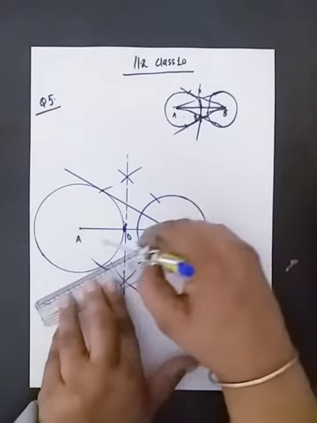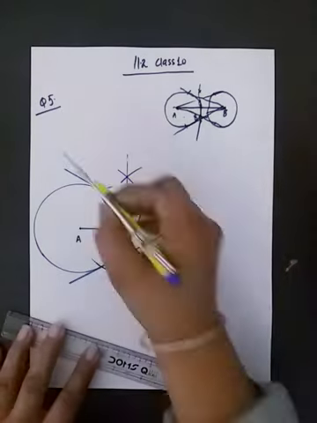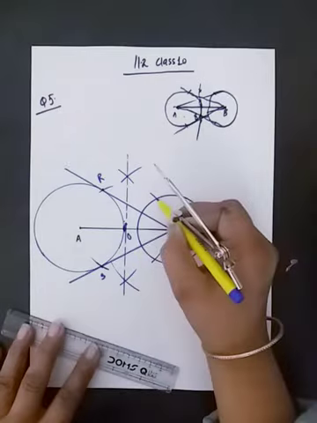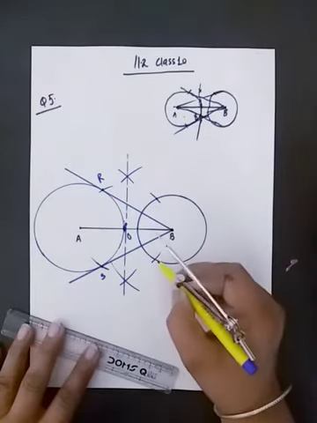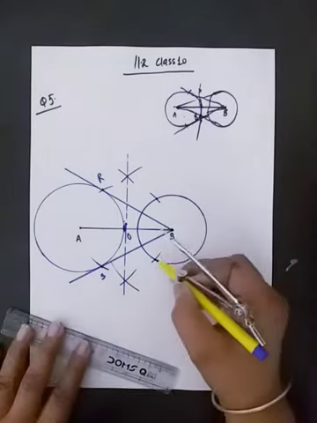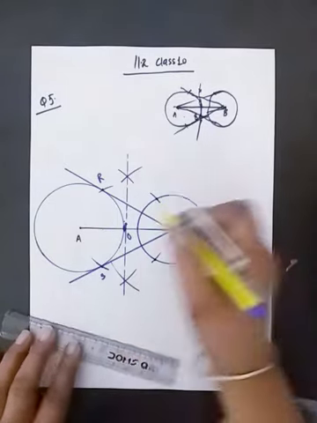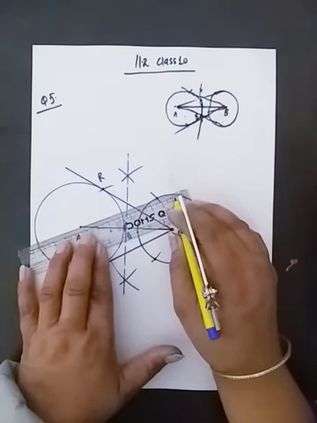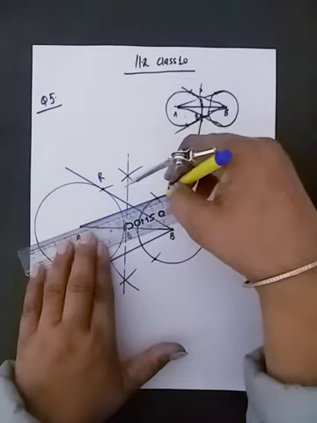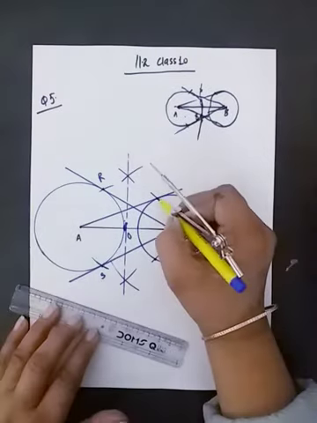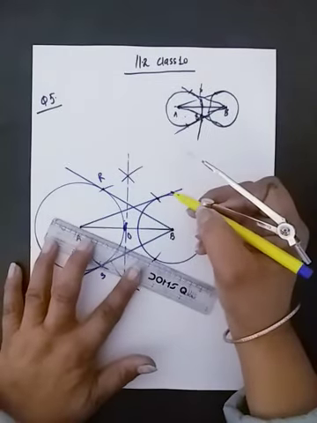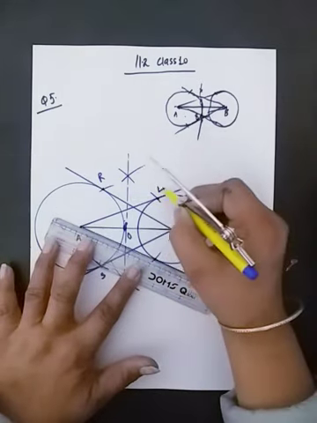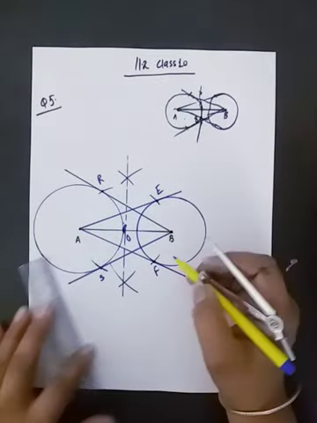Now we get BR and BS. Similarly, the arcs drawn on second circle will be joined with the center of first circle, and let these be AE and AF.